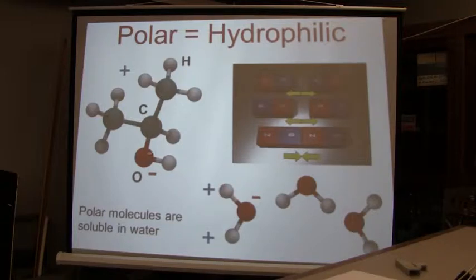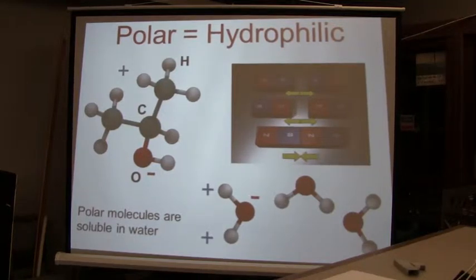What's going on here? We have this oxygen, and it pulls all those electrons towards itself and essentially acts like a magnet. So you're going to have a positive end and a negative end, and the positive end is going to be attracted to the negative end. And this is going to have huge ramifications for how these different molecules react when they're in water, but also how water can order itself around them too.